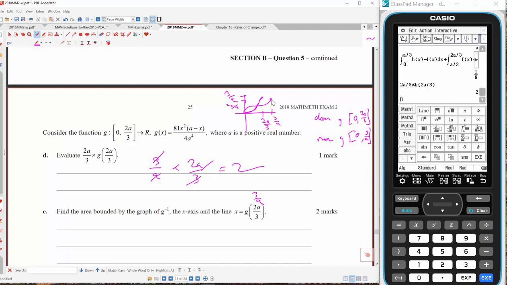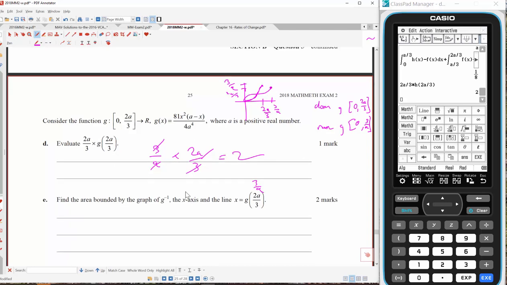Okay, what do they want us to do? They want us to work out the area bounded by the inverse function, the x-axis, and the line x is equal to this value here. So they want this area here. That's what they're after. Now, there's a way of doing this without actually finding the inverse function.